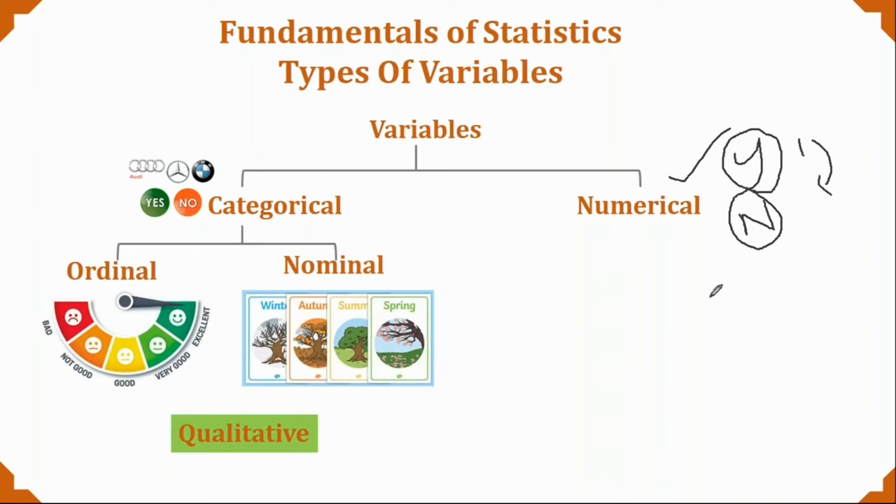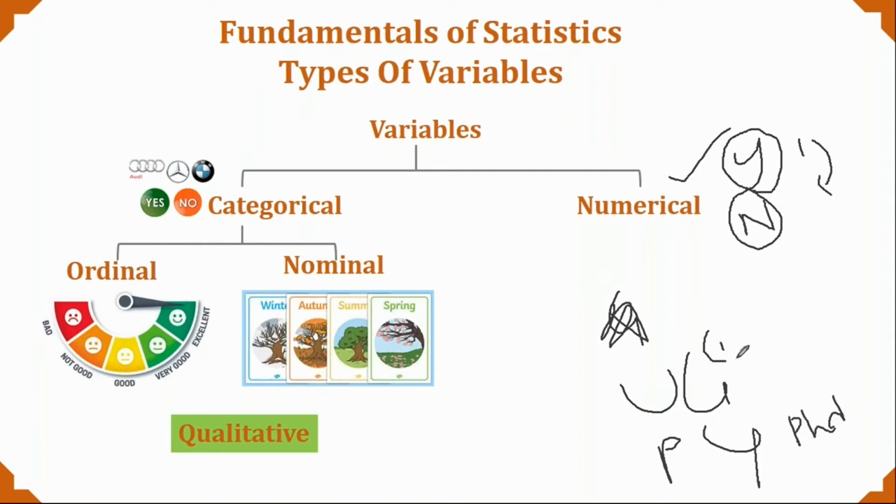If you take ordinal data, first you will do your undergraduation, then graduation, then you will be doing your post graduation, then you will be doing your PhD. There is a specific order for your education, right? The same thing with nominal data, there won't be any specific order to it.